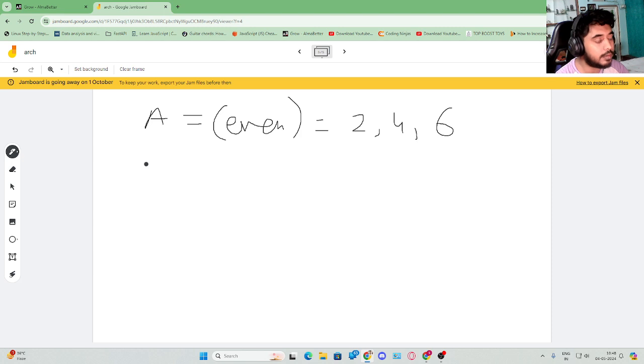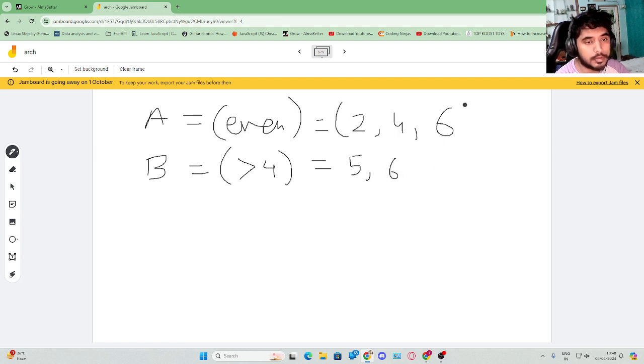And let's say we have another event B, which is the probability of a value greater than 4. So what are the values in that event? Greater than 4 are 5 and 6. So the number of even outcomes is 3, and the number of outcomes greater than 4 is 2.